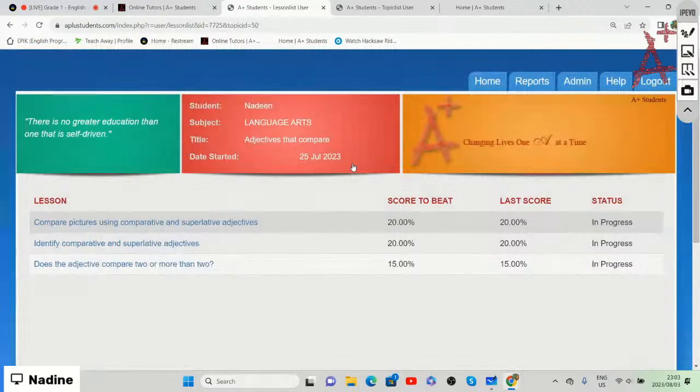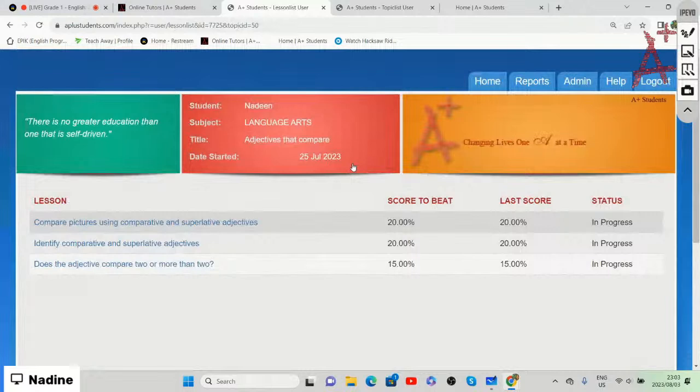Under the chapter of adjectives that compare, we're going to be focusing on three different lessons. One being compare pictures using comparative and superlative adjectives, identify comparative and superlative adjectives, and does the adjective compare two or more than two?